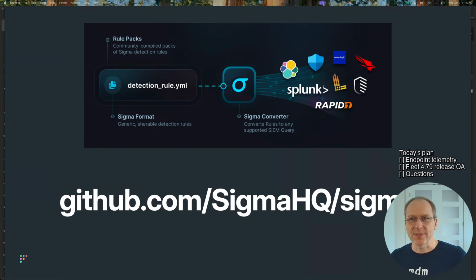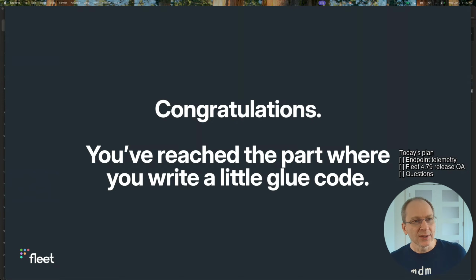So it lets you describe suspicious behavior in a portable, readable way. That way your detection logic isn't locked to one backend. However, it requires some glue code, right? We have Sigma used for detection logic, and then we have ClickHouse as the storage. So we need to translate the Sigma rules into ClickHouse SQL.